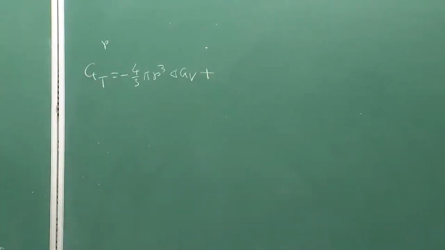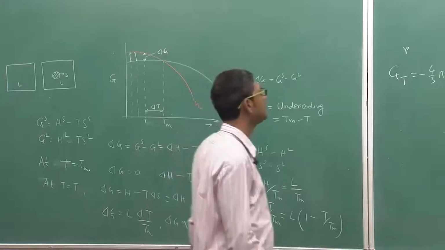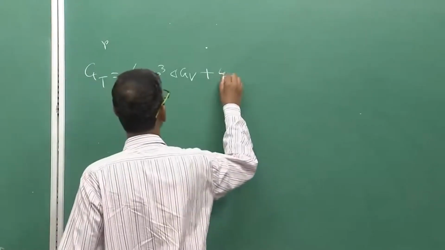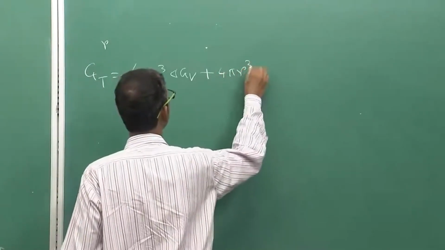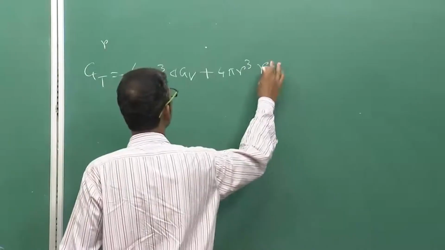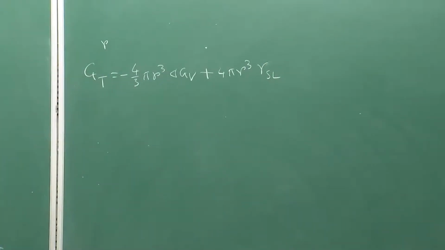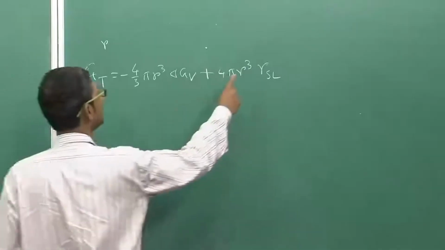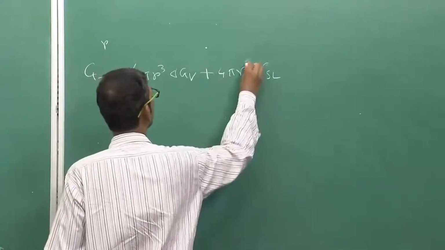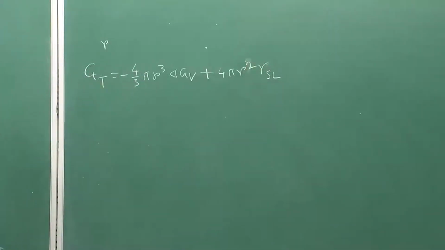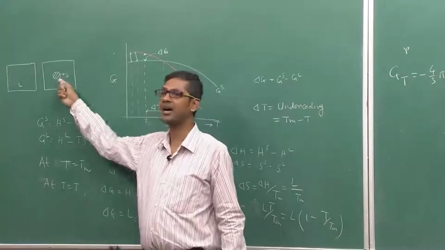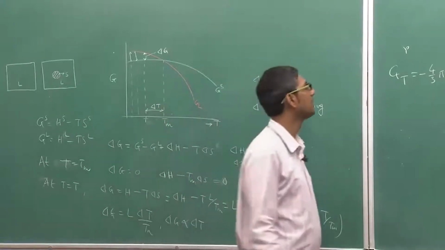This must be added to the free energy of the interface, and we know that the free energy of the interface is equal to gamma SL multiplied by the surface area, and the surface area of a sphere of radius r is 4 pi r squared.